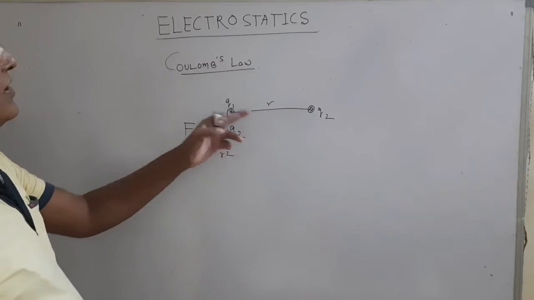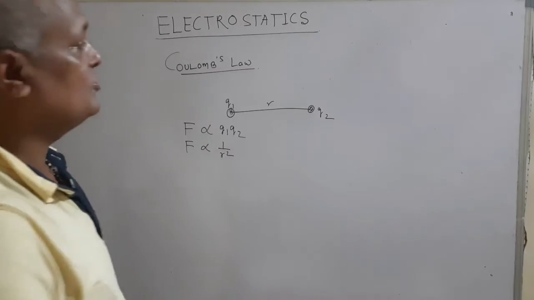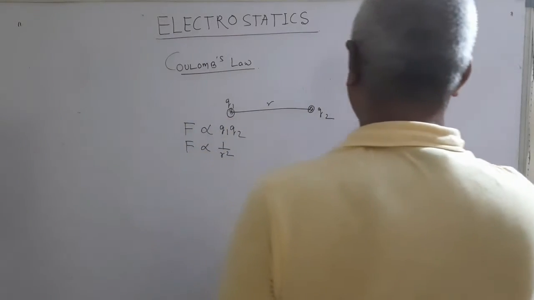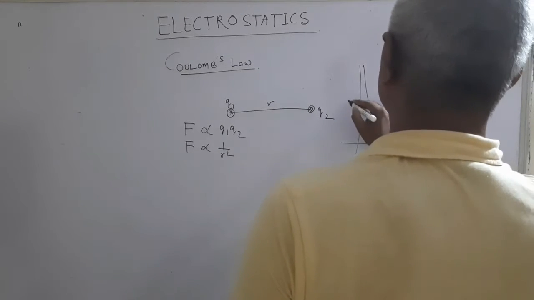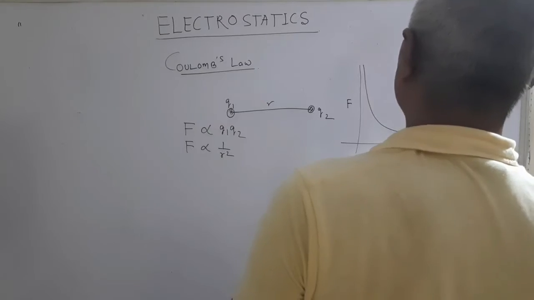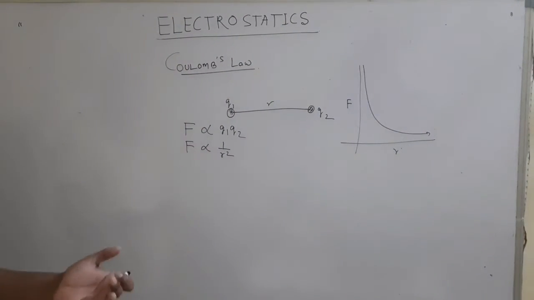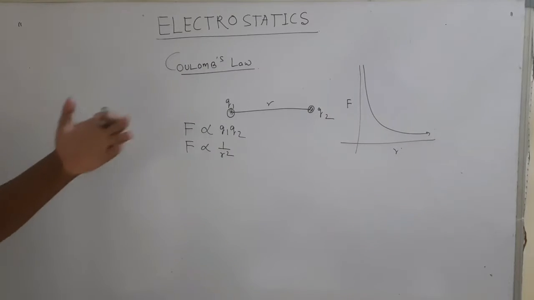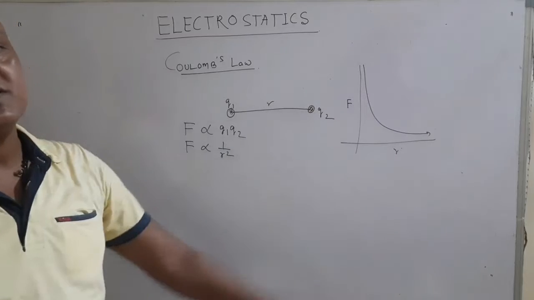This force follows the inverse square law, and if you plot force with radius, you will have something like this. This is force and this is radius. When the radius is decreasing, the force will be increasing. When the radius is increasing, the force will be decreasing.